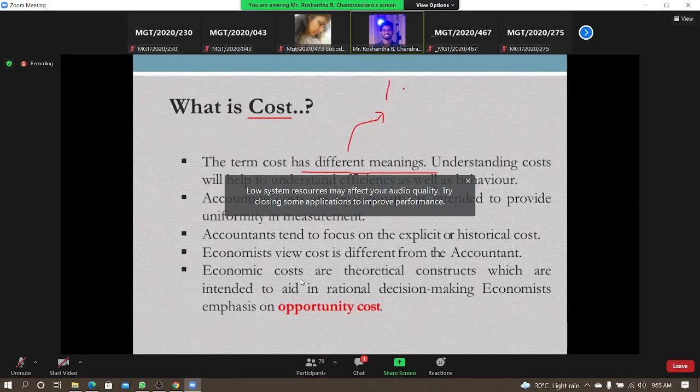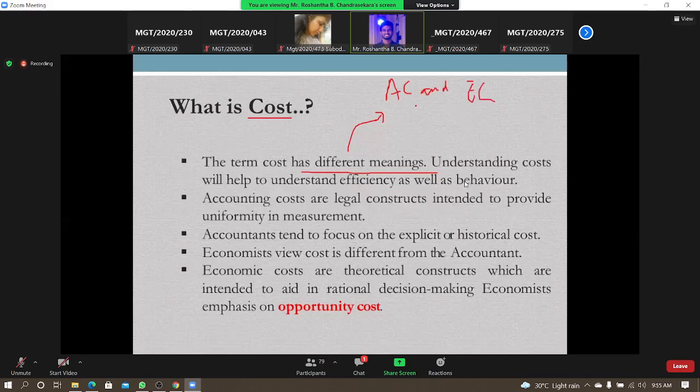So based on different meanings of cost, we identified different types of costs: accounting costs and economic costs, and also, in the aspect of the behavior of the costs, we identify likewise. These costs have different meanings.